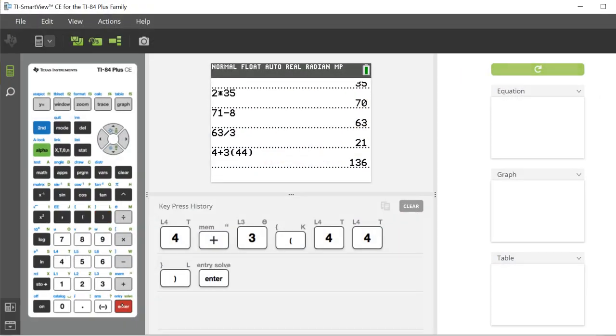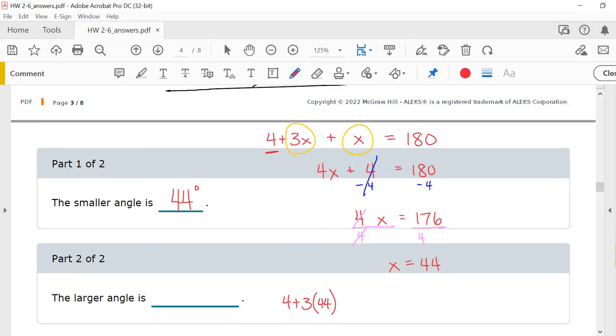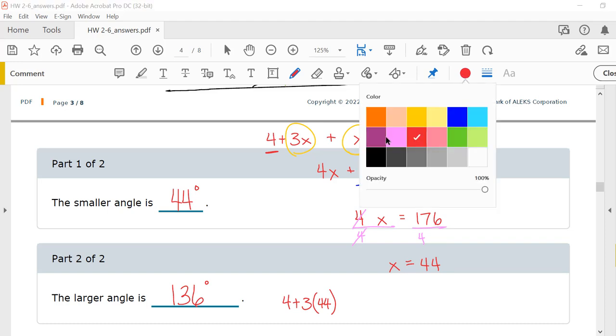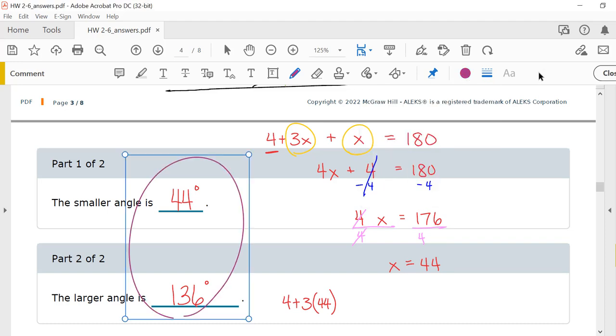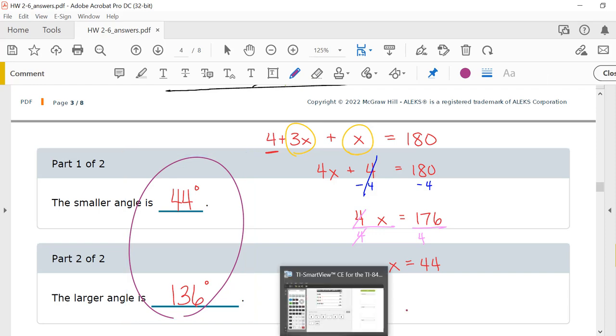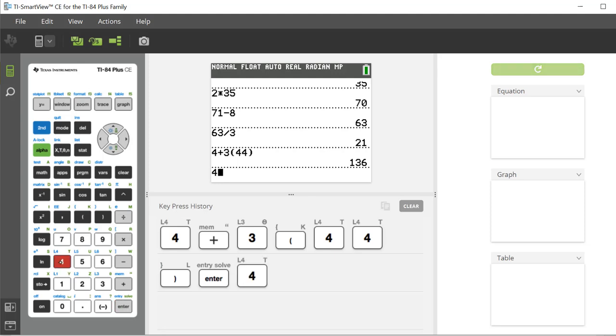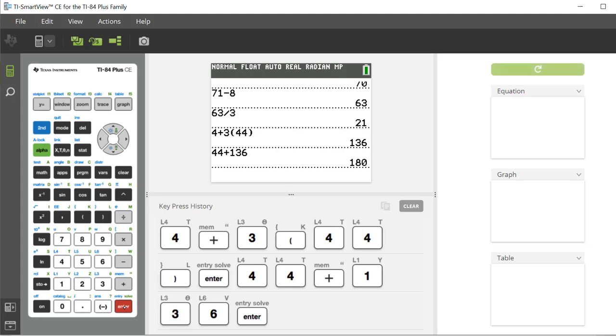Yes. I get 136. So the larger angle is 136 degrees. Now, if I wanted to do a mental check, if I add these two angles up, I should get 180 degrees. So let's go check that. What is 44 plus 136? 180. I did it correctly.